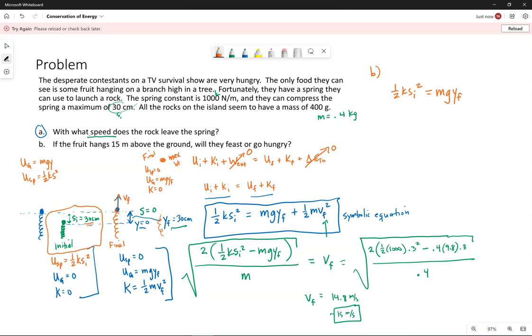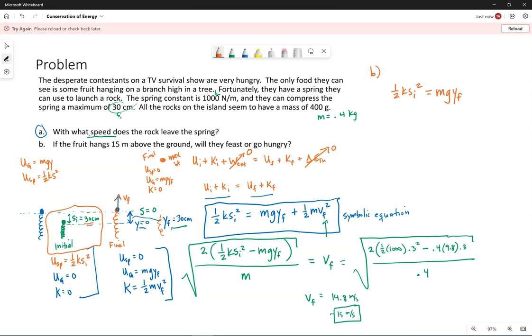It doesn't tell us anything about in between. It's not telling us the speed because we skipped the moment in time where the rock was leaving the spring. But that's okay. Energy is wonderful in that we don't have to break it into parts.